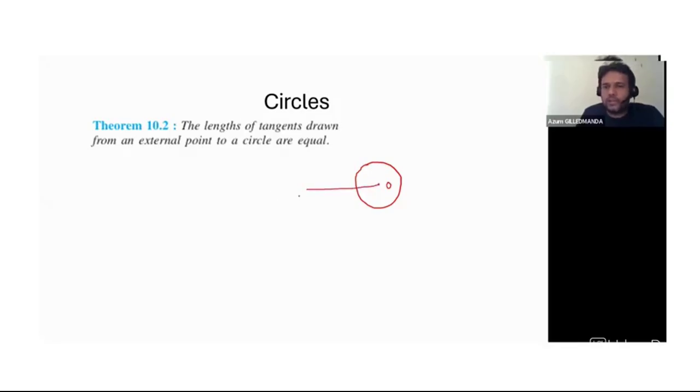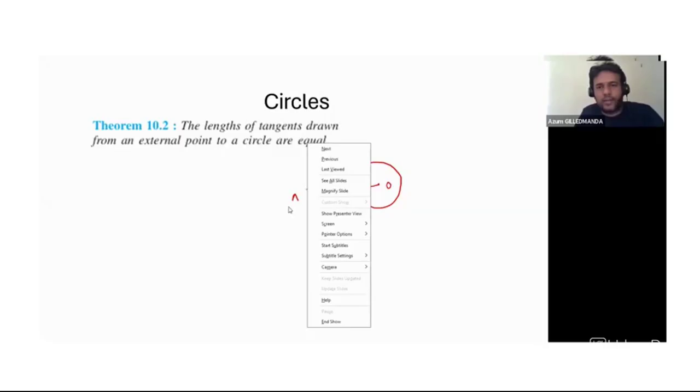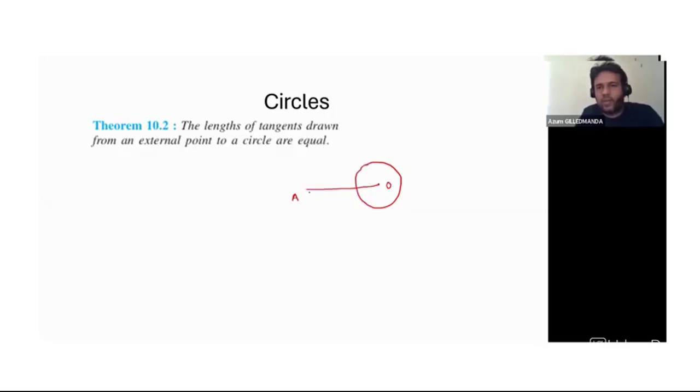I'm drawing freehand, so it can be a little off. Okay. So I have a point A, where OA is the distance between the center of the circle and this point A, which is external to the circle.